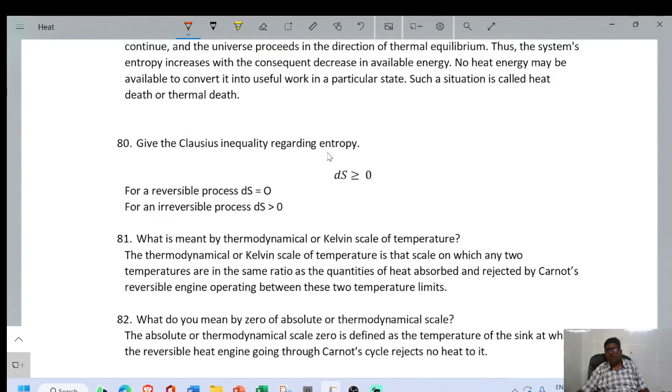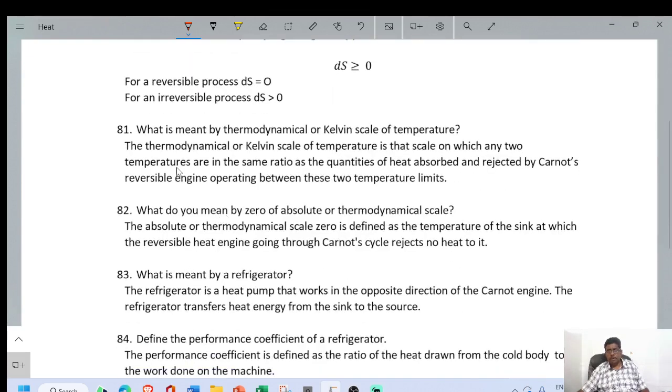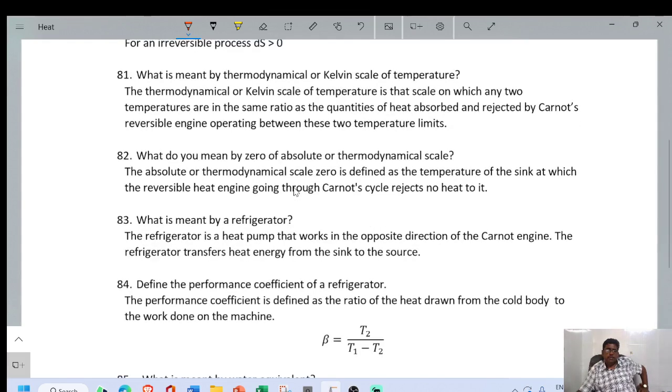Give the Clausius inequality regarding entropy. dS greater than or equal to 0 is the Clausius inequality. dS equal to 0 holds good for a reversible process. dS greater than 0 holds good for an irreversible process. What is meant by thermodynamical or Kelvin scale of temperature? The thermodynamical or Kelvin scale of temperature is that scale on which any two temperatures are in the same ratio as the quantities of heat absorbed and rejected by Carnot's reversible engine operating between these two temperature limits.